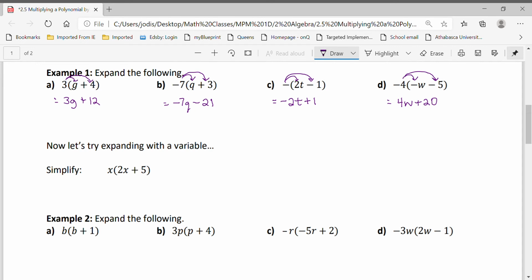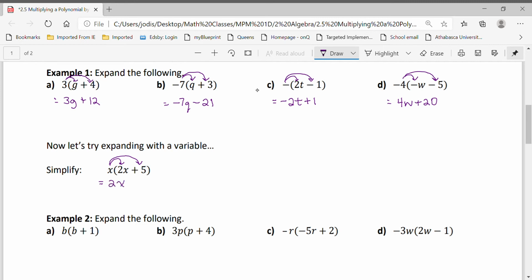Now we can also try this with a variable. It's a little bit different. Our rule is still the same, so we multiply everything in the brackets by x, but now we have to think of our exponent rules. If we have x times 2x, our exponent rules tell us that if the bases are the same, we just add the exponents.